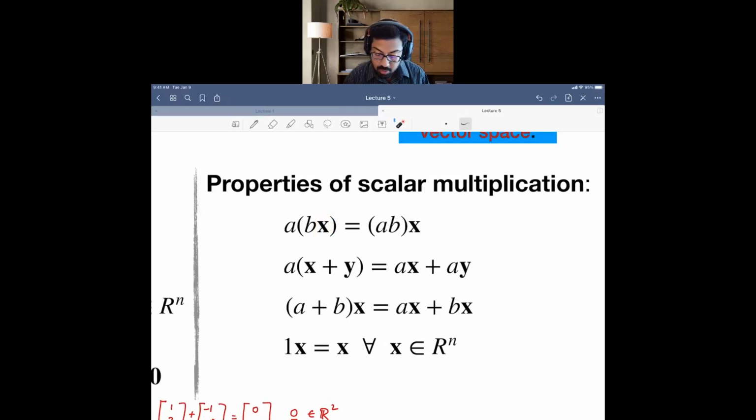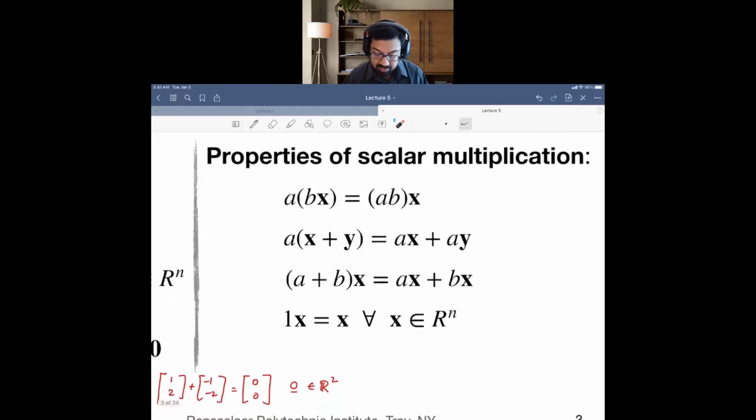And if you multiply that x with a scalar b and then multiply it with another scalar a, it's going to be the same as multiplying the two scalars first and then carrying out that scalar multiplication for that vector x that belongs to R to the n. Next, if you add up the vectors and then scale with a, it is going to be the same as ax plus ay. So over here, we are distributing the scalar over each of the vectors, or in other words, distributing each of these scalars over this vector x.